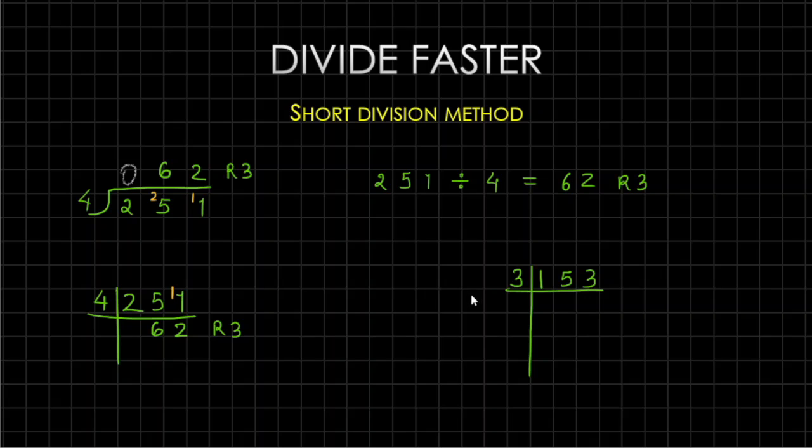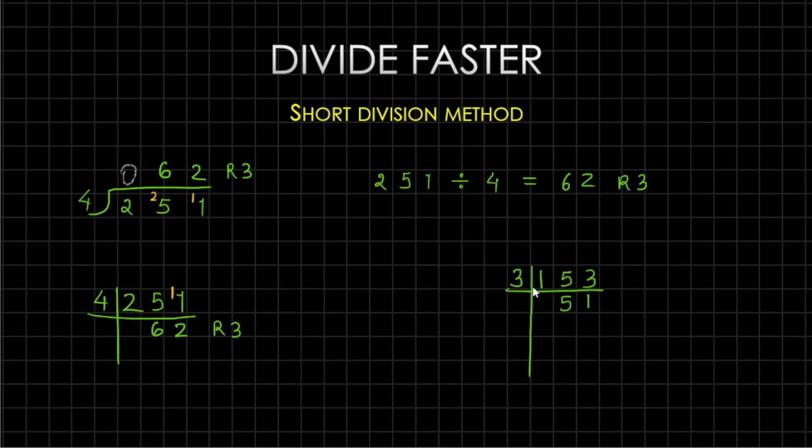Let's see how. So 3 times, you can take the 2 numbers in the beginning because now you're trying to do factors, so you already know that when the first number is smaller than the divisor, you can take 2 numbers at a time only when it's in the front. Okay, so 15, 3 times 5 is 15, nothing left, and 3 times 1 is 3.